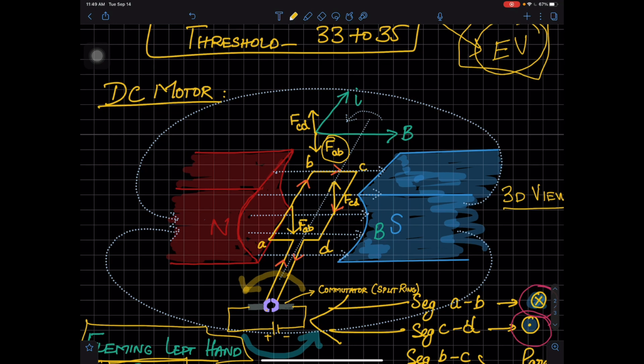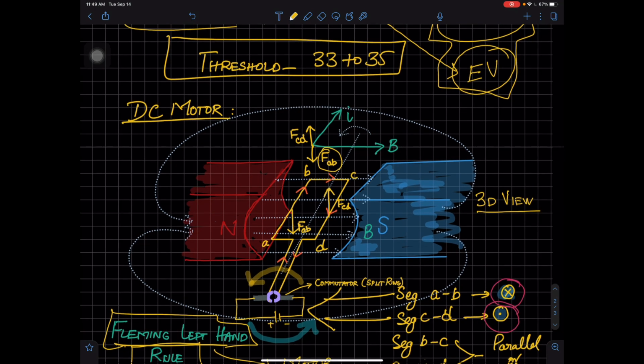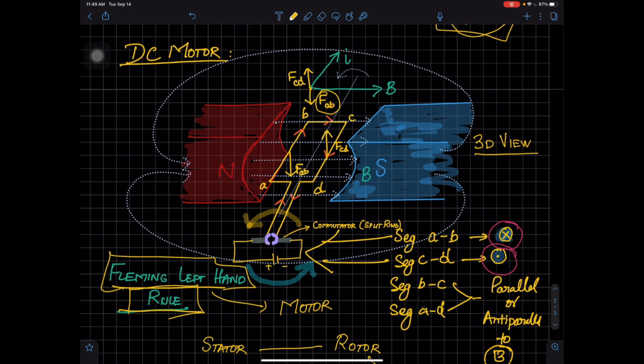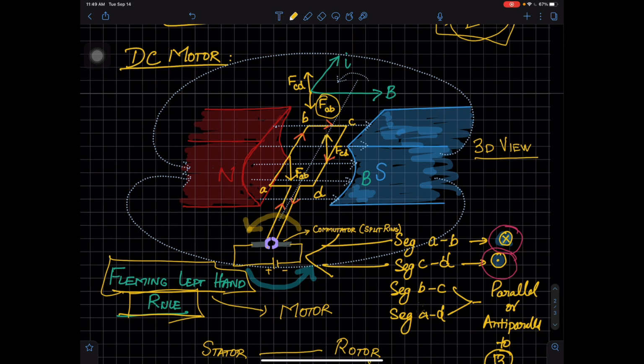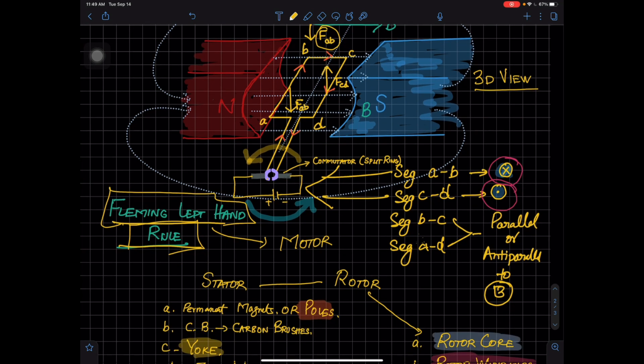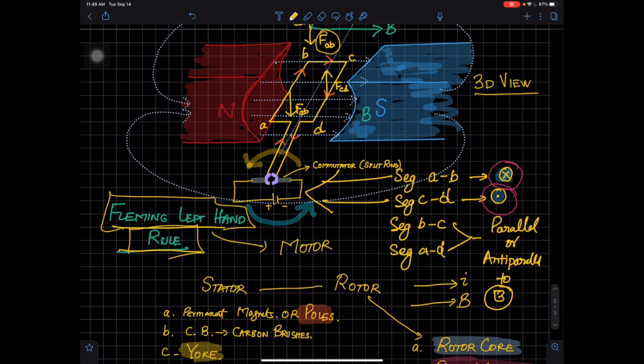Now the segments BC and DA, they are not going to develop any force. Why? Because the direction of current and the direction of magnetic field B, either they are parallel or anti-parallel. What I mean by parallel is that I is flowing in this direction, B is also flowing in this direction. And by anti-parallel, I mean that current is flowing in the opposite direction, B is flowing from left to right.